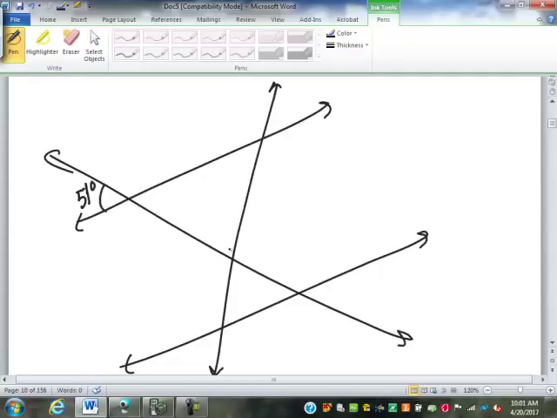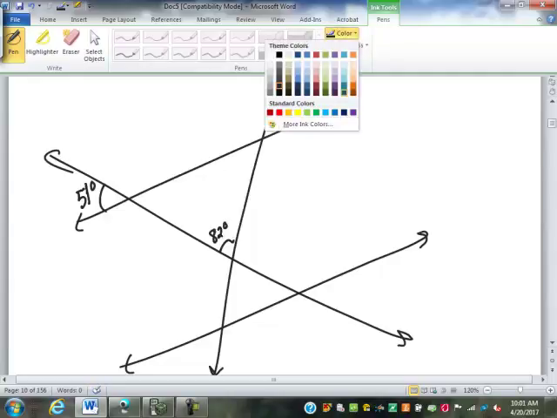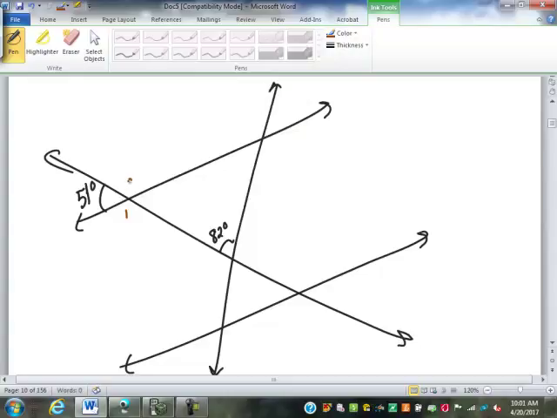And let's say that this angle here is 82 degrees. I want to find angles 1, 2, 3, 4, 5, 6, 7, 8, 9, 10, 11, 12, 13, 14, and 15. And while we're at it, we'll find 16 as well.